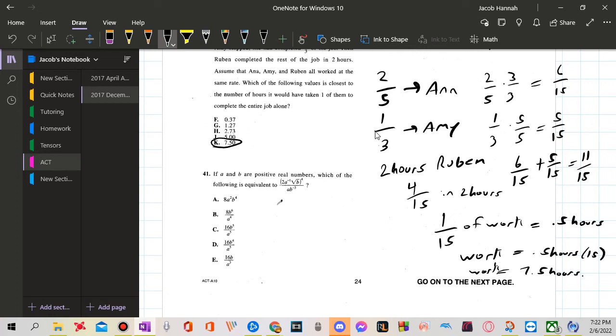How do you do this? First you write it out. Square root of B. A, B, -3. So let's rewrite this.